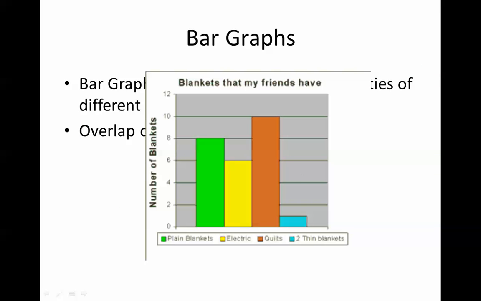Here's another example: blankets that my friends have. Some friends have a plain blanket, some have electric blankets, some have quilts, some have two thin blankets. The thing with this is that maybe one of my friends is in more than one category. He might have an electric blanket and a quilt, or he might have a plain blanket, like a thick one, or a quilt, I guess, over the top, and then two thin blankets below that.